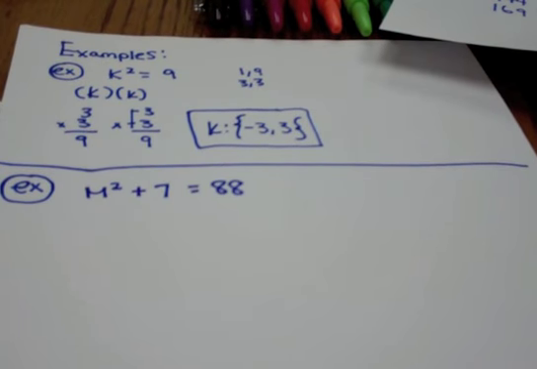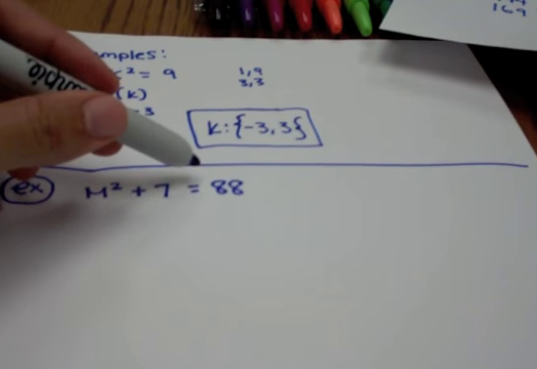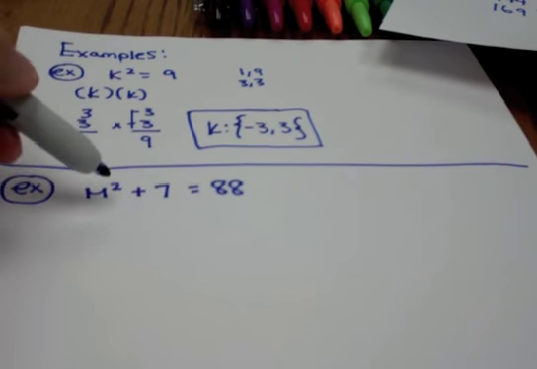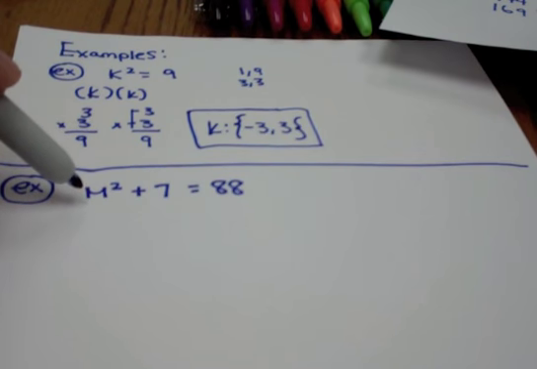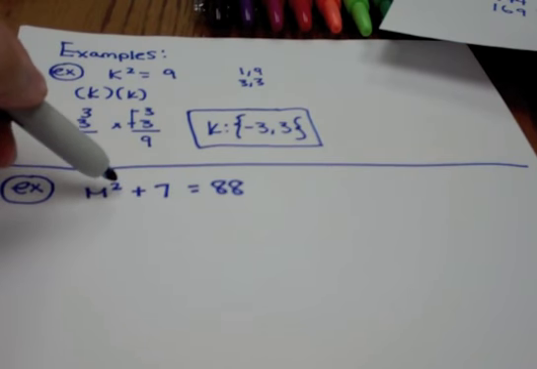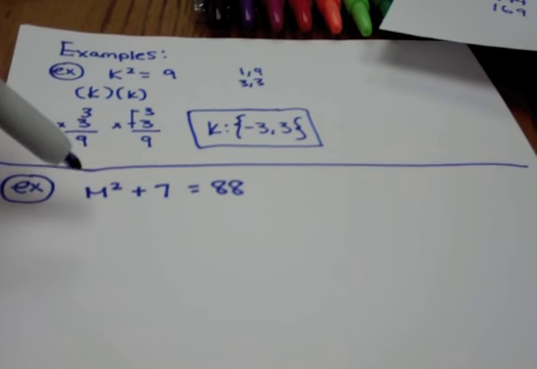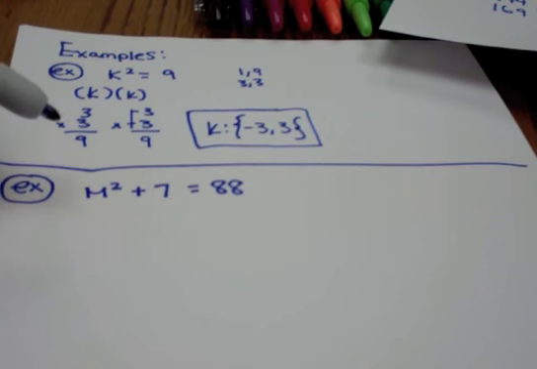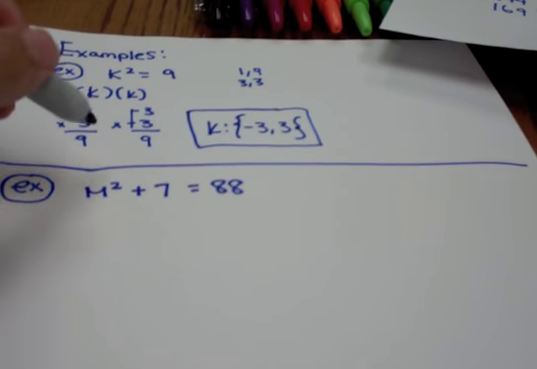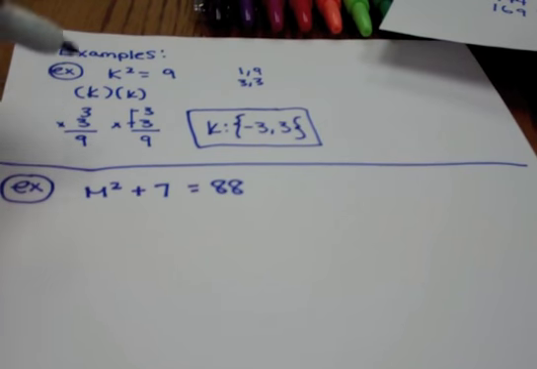The next problem we have to work through states that m squared plus 7 equals 88. So now this is a lot like our problem above, but we have something along with our m squared term. So because we know algebra already, we know that to get this guy by himself, we can use some sort of algebraic operation to do that.